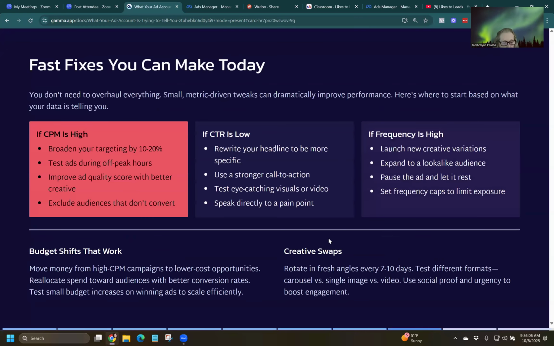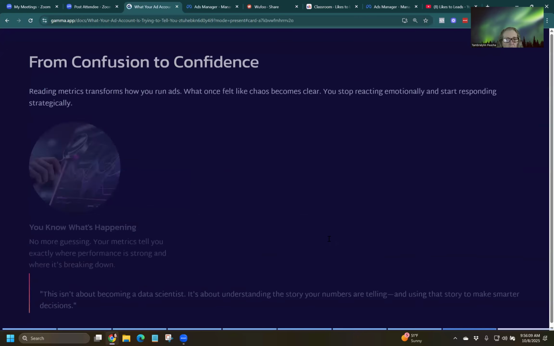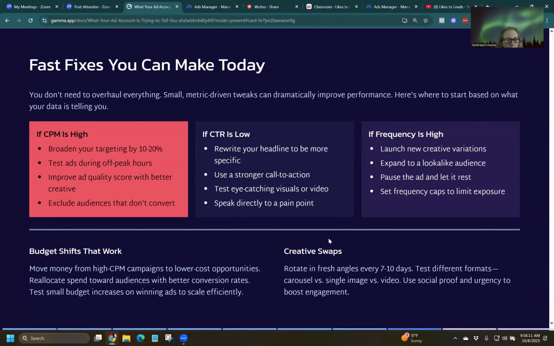So here are your little fast fixes that I've got for you today. If your CPM is too high, which I said, don't live and die by this unless your lead cost is really high. Let your ads go for 7 days, make sure it's a true number, and look at your cost per lead. That's the ultimate thing.